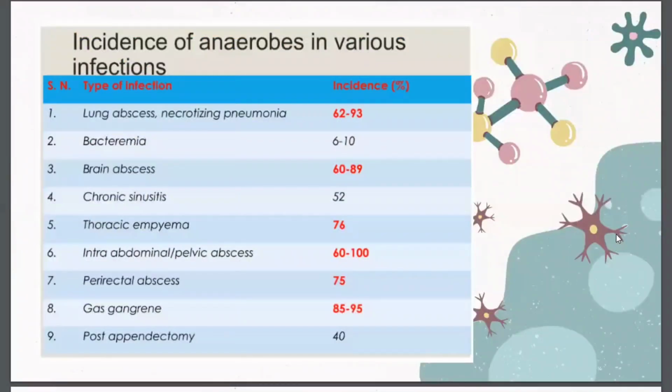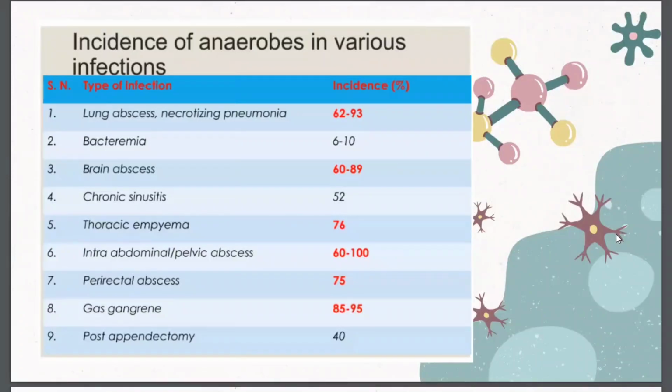So the incidence of anaerobes in various infections. These are the types of infection: lung abscess and necrotizing pneumonia have an incidence of 62 to 93%. Bacteremia has 6 to 10%. Brain abscess has 60 to 89%. Chronic sinusitis has 52%. Thoracic empyema has 76%.